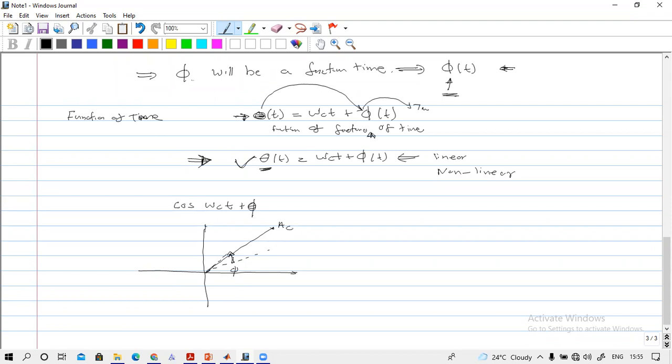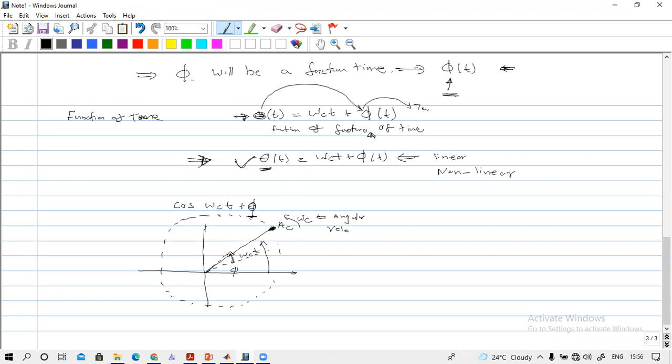So this angle will be omega_c t, and the whole angle will become phi plus omega_c t. You know that this phi is a constant, and this point is moving with angular velocity omega_c, through a circle.